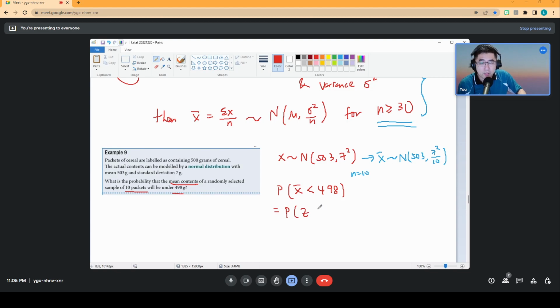Probability of z less than 498 minus 503 over the square root of 7 squared over 10. Then, of course, you press it in your calculator.